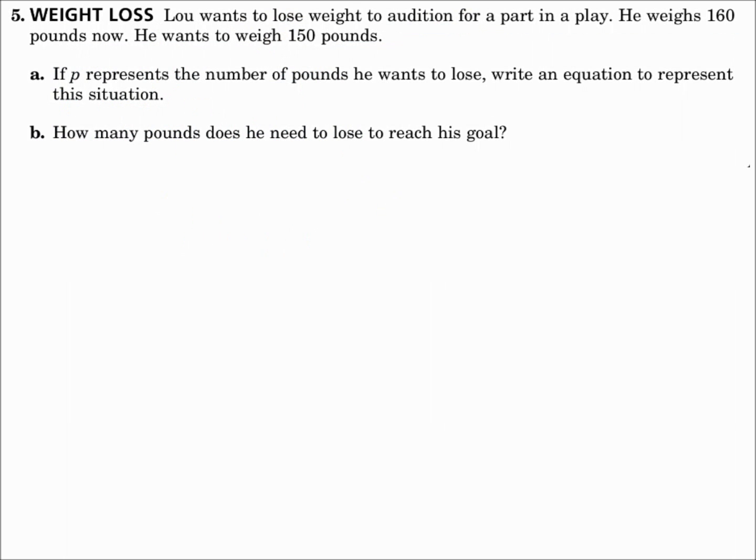Number 5. Lou wants to lose weight to audition for a part in the play. He weighs 160 pounds now. He wants to weigh 150 pounds. If P represents the number of pounds he wants to lose, write an equation to represent this situation. Well, he starts at 160 pounds.